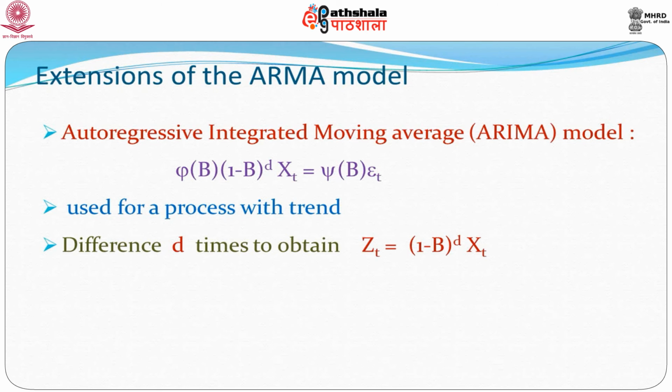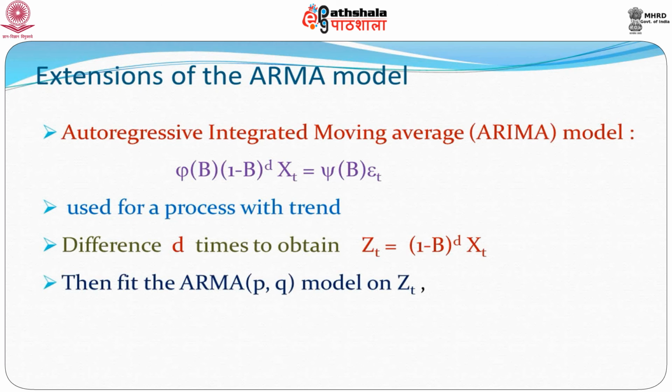So, 1 minus B to the power of d X t gives us a detrended Z t, and what you do after that is you fit the ARMA p, q model to this Z t, and then you have a simple ARMA model. And if you put these two together, if you substitute Z t by 1 minus B to the power of d into X t, you get back to the single ARIMA model, or the autoregressive integrated moving average model.